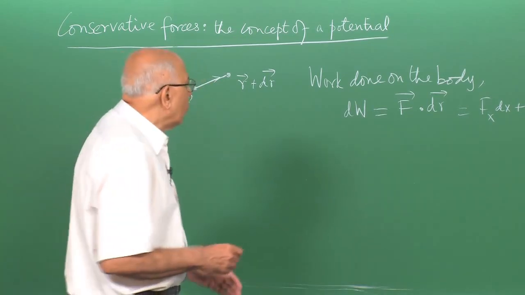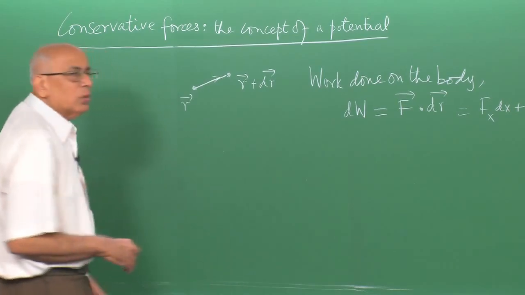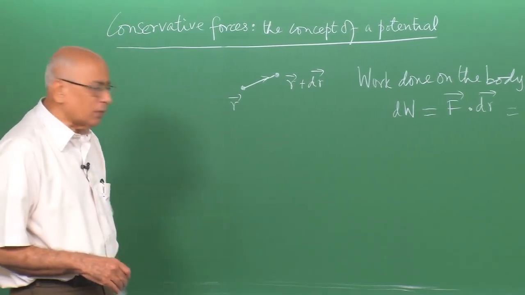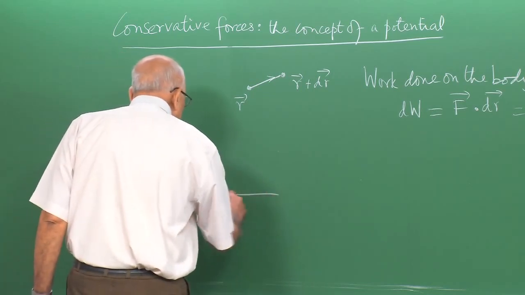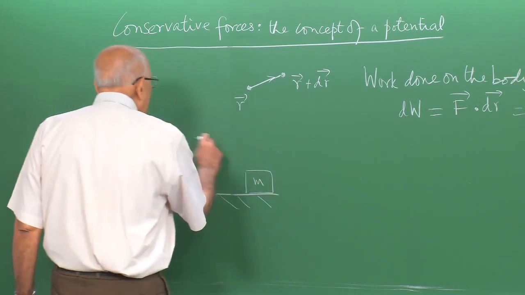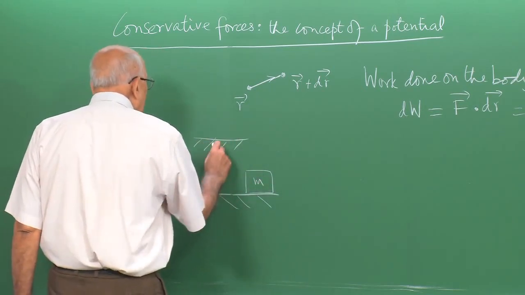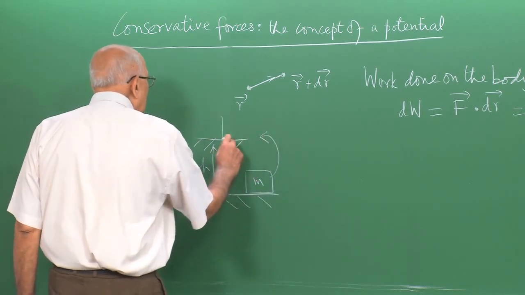More generally, where does this work go? It goes into the stored energy of the system. To give a very simple example, suppose here is the ground level and I have a mass m sitting here, and we have a shelf at some height h above the ground, and I lift this mass up and put it up here.